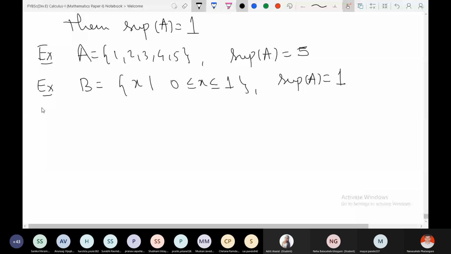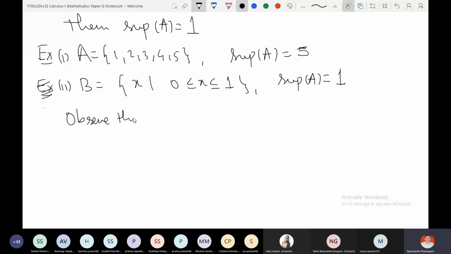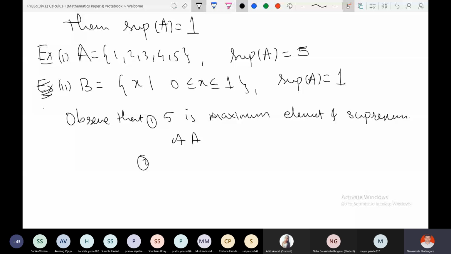Right here, one observation, if I look at these two particular cases: 5 is the maximum element and supremum of set A. What is the second observation? 1 is the maximum element of B. Is it true?